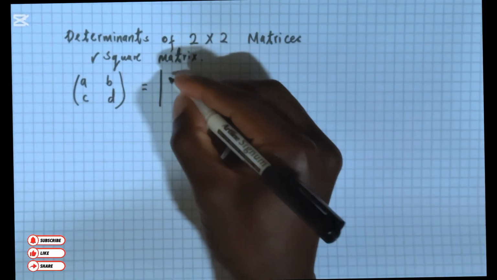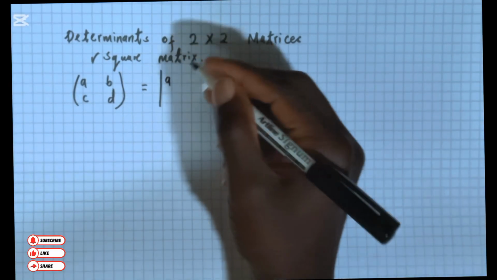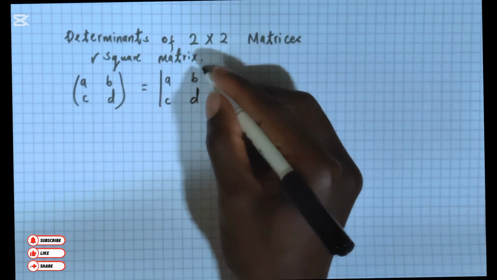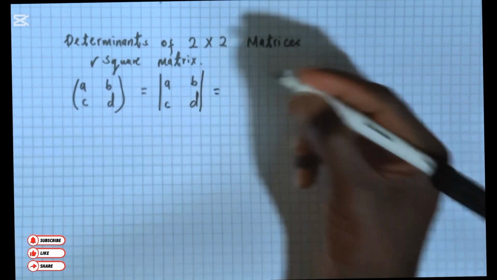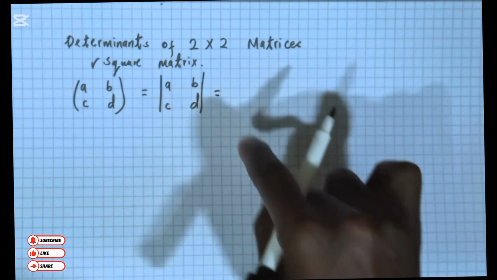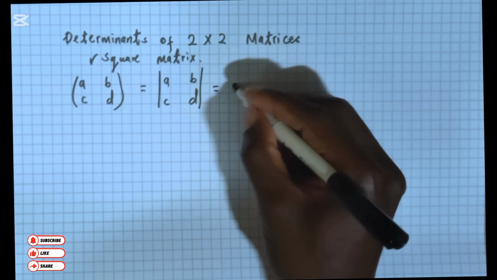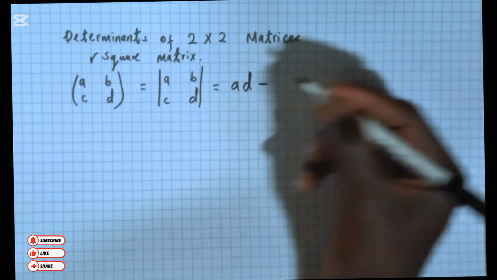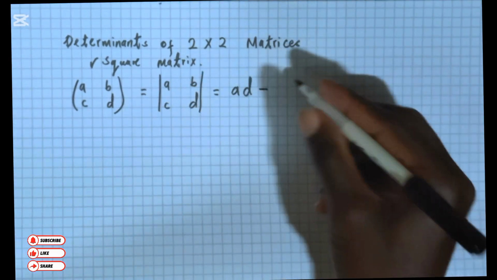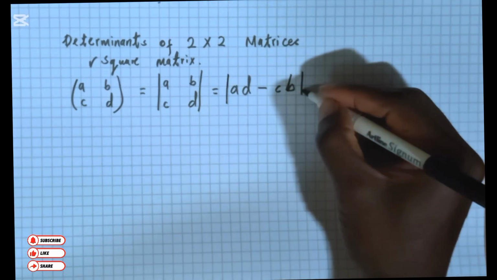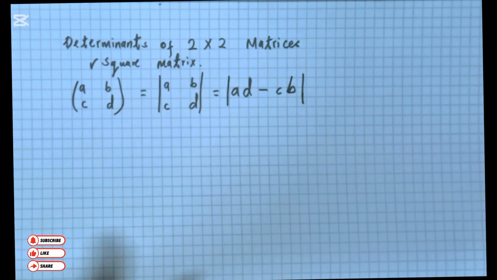So basically, it will be the absolute matrix of A, B, C, and D. And so, if you're going to determine the determinant in this particular case, you want to multiply A and D. So it's going to be A times D minus C times B. And again, you want to take the absolute value of whatever you'll find there.